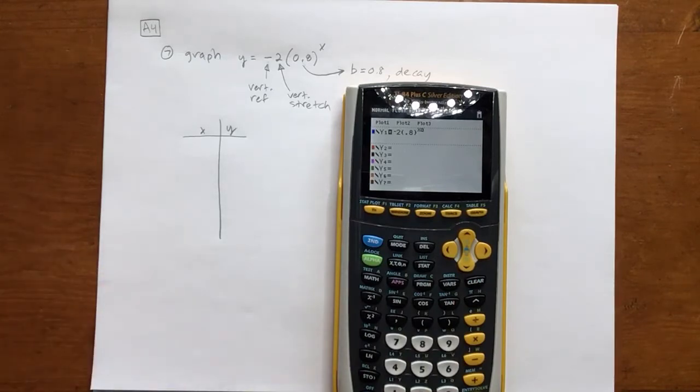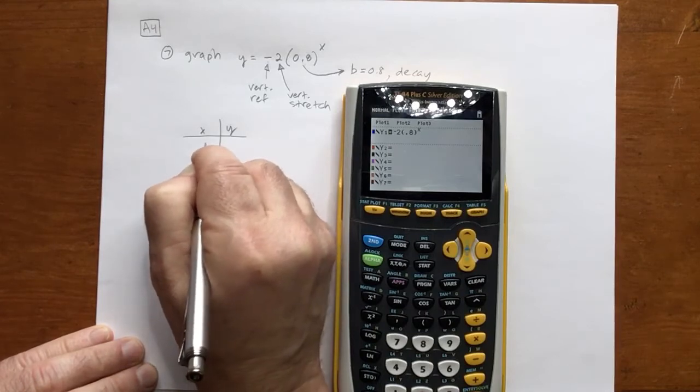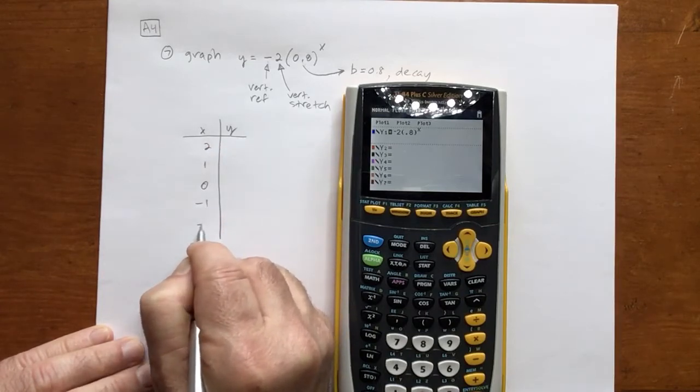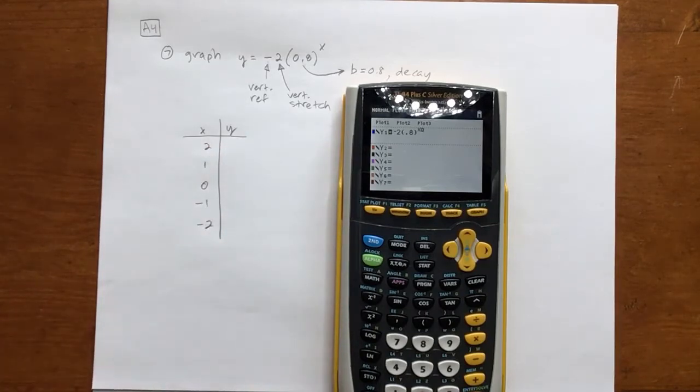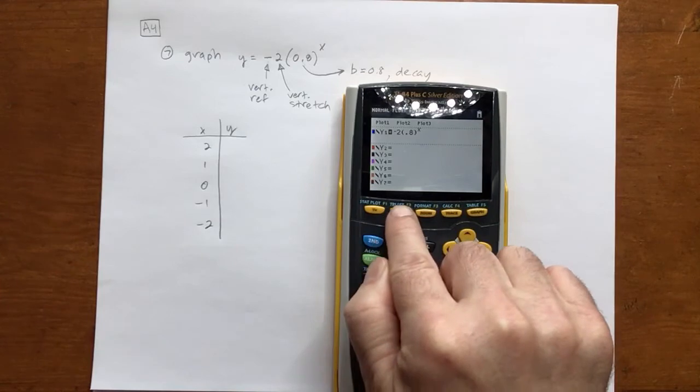To see the table, let's choose x equals 0, 1, 2, negative 1, and negative 2. First I want to set the table, and remember, the table set function is right above window, so you hit second window.